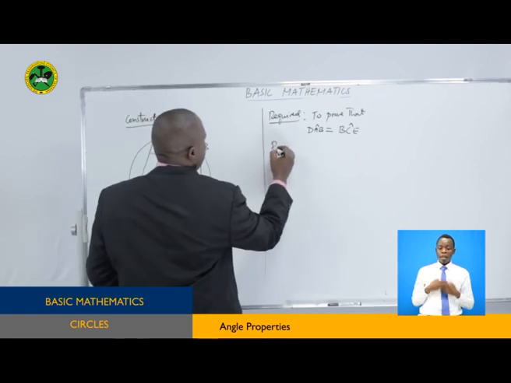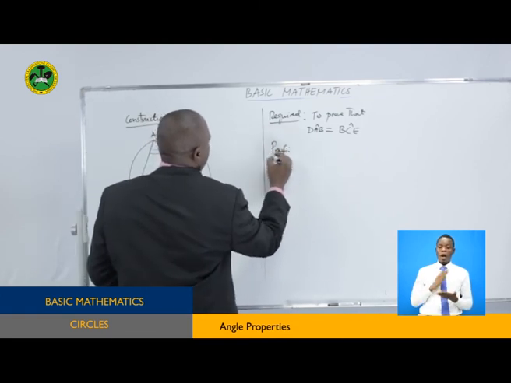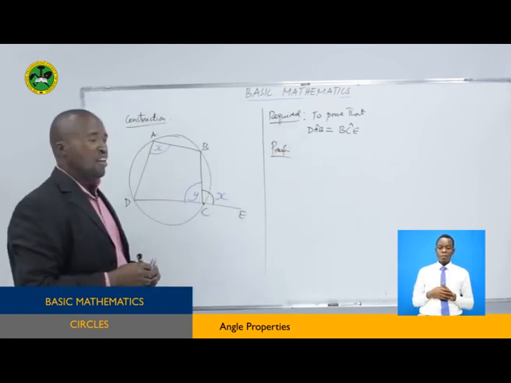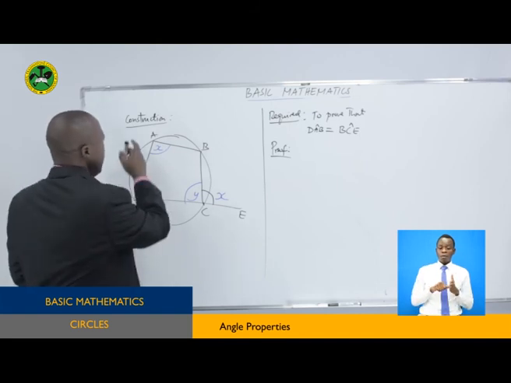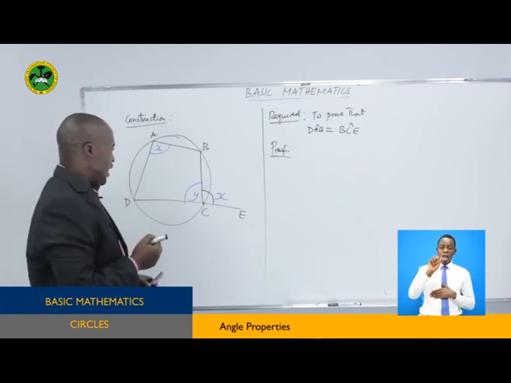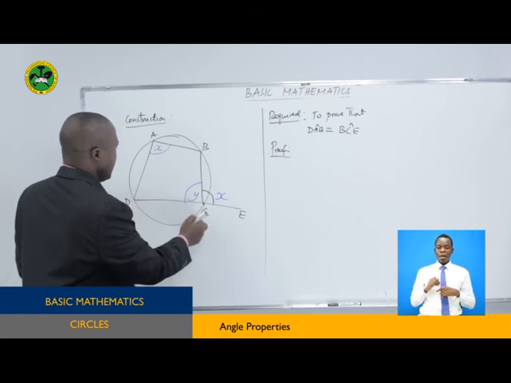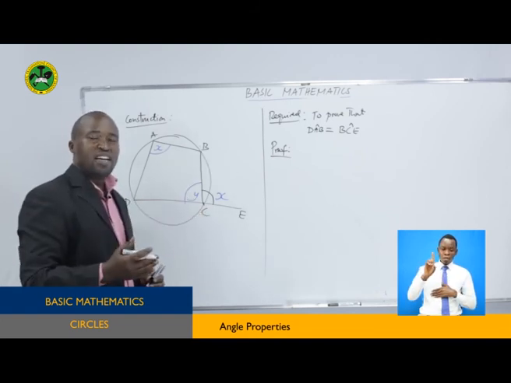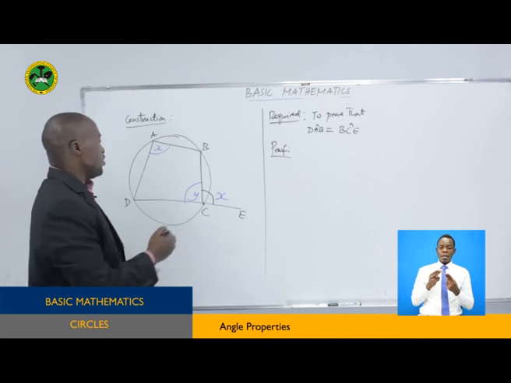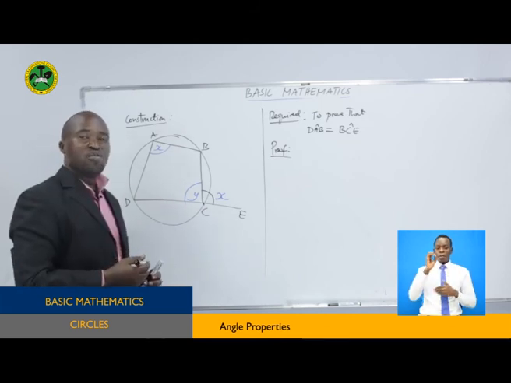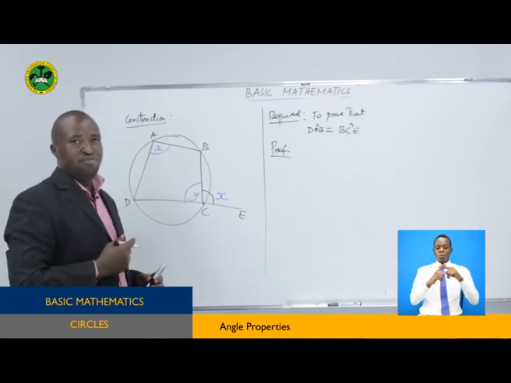So now the next is to prove. Now students, DAB plus DCB is equal to 180 degrees because these are the opposite angles in the cyclic quadrilateral.